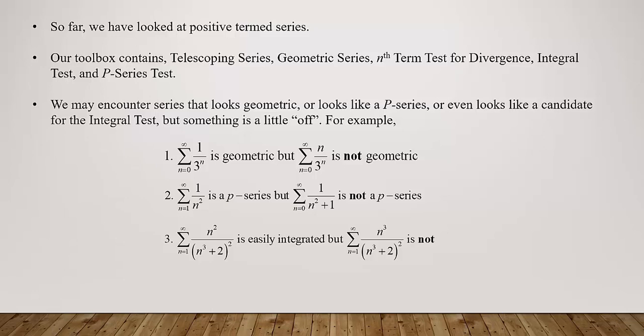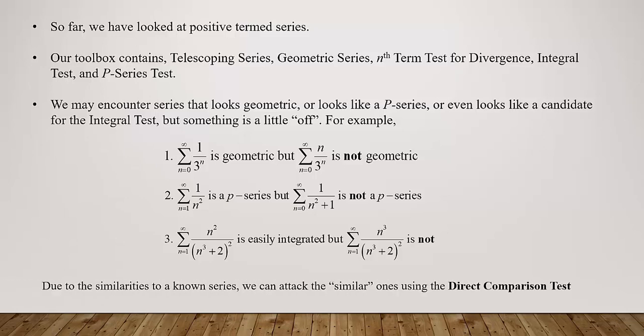We know the series n squared over the quantity n cubed plus 2, squared, is easily integrated. I mean, a basic u substitution would take care of it. But with one little change, making it the series n cubed over the quantity n cubed plus 2, squared, well, that is not easily integrated.